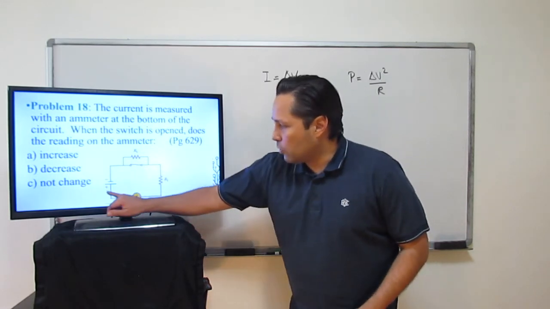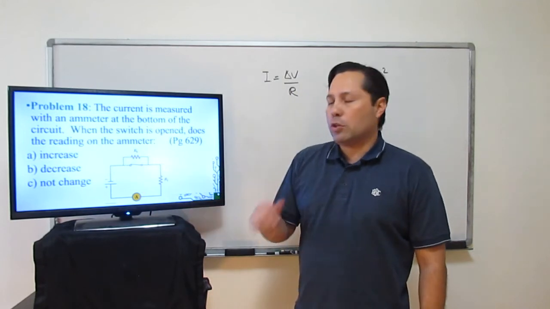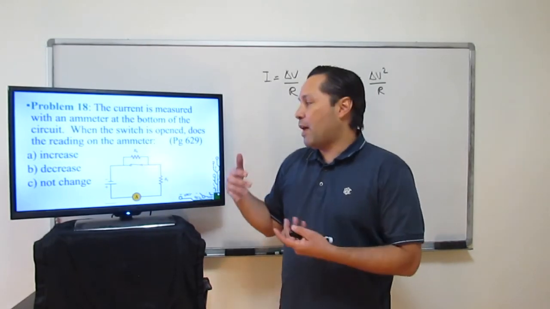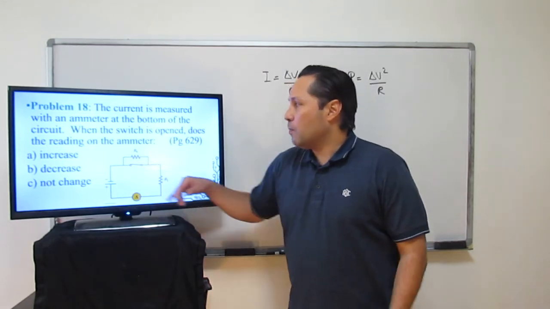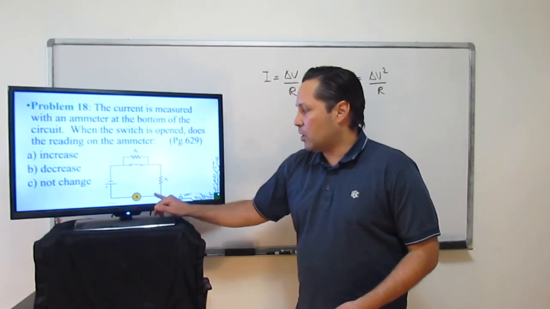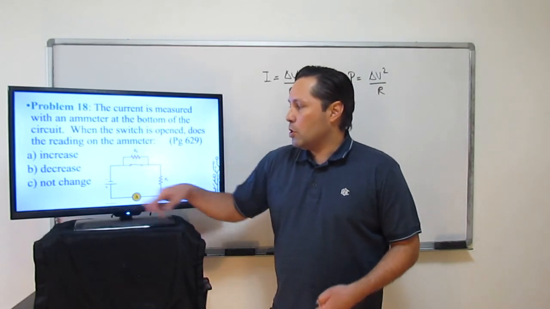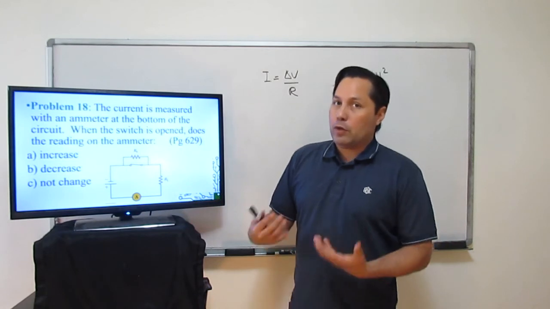The current goes through the first resistor, and if the switch is closed, like it is right now, it takes the lowest path of resistance, so it can go through here and completely avoid resistor 1. If we open the switch, it's no longer connected, so the current has to go through resistor 1 and is forced to go through resistor 2.